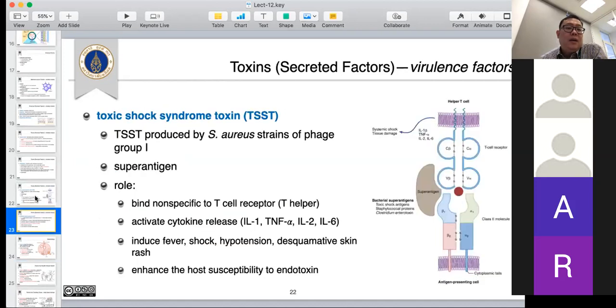Is that the toxin from the feminine products that used to have warnings about toxic shock syndrome? Pardon me? I didn't hear you properly. Is this the toxin that people were talking about in feminine products?